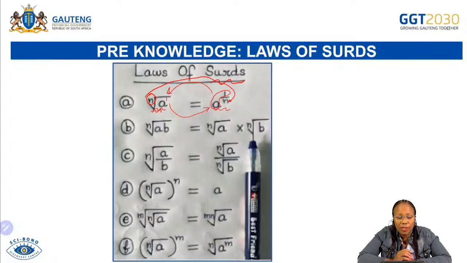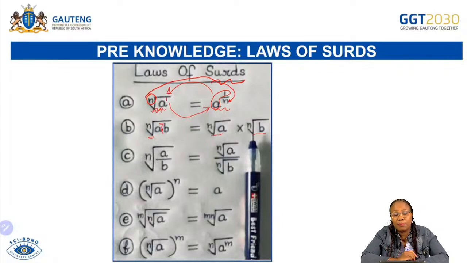This rule is saying to us, as long as you are multiplying inside there, you can separate this with a multiplication in between. So each base will take this root sign: the nth root of a multiplied by the nth root of b. They are sharing the same root sign there. You can separate them. Why?